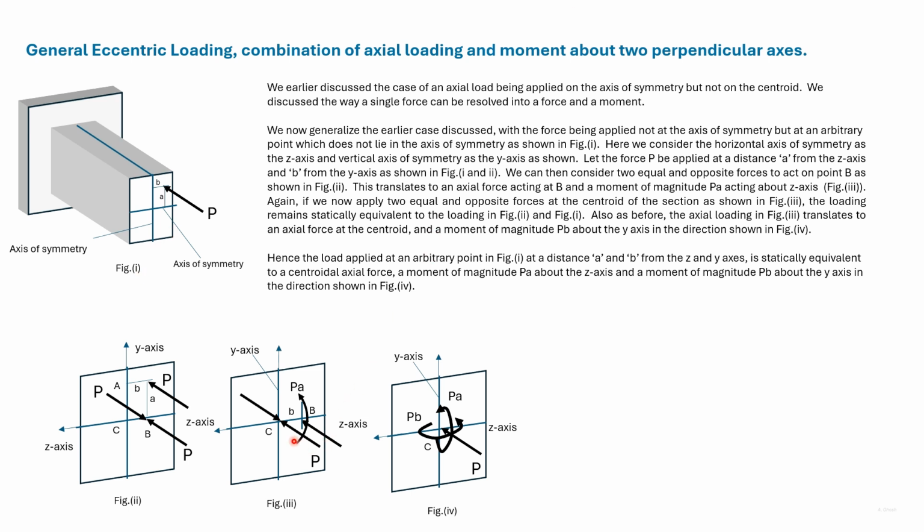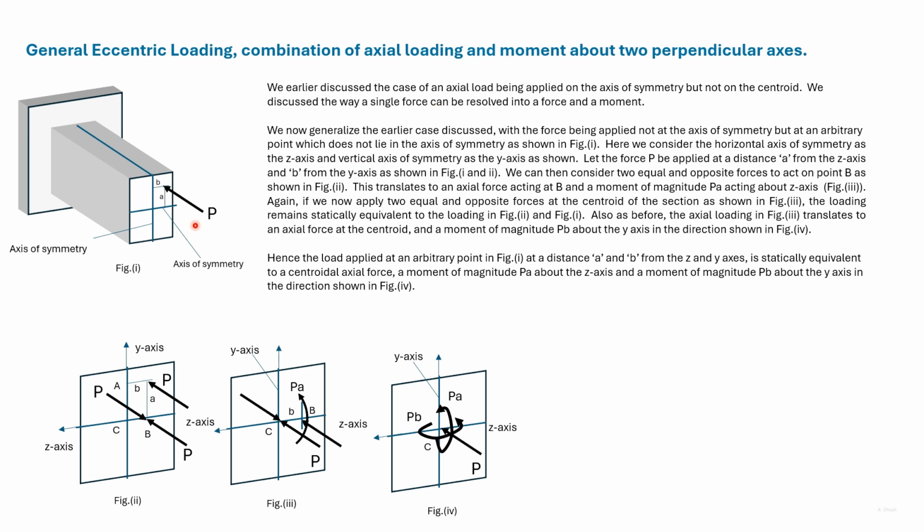These three axial loads can be considered to be an axial force acting on the centroid and a moment about the y-axis of magnitude Pb. Again, figure 4 is statically equivalent to figures 3, 2 and 1.